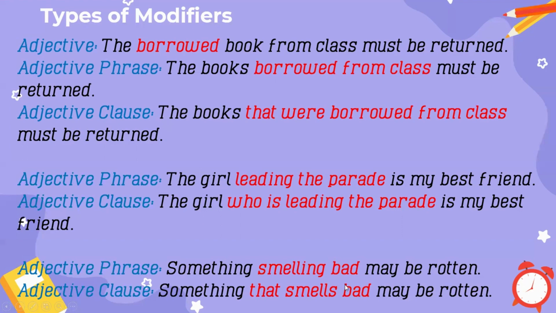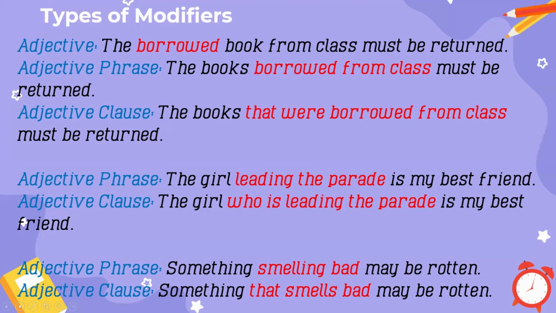But take note, class, smelling bad is still the same as that smells bad, but they are in a different form. Smelling bad is just a group of words, but that smells bad has a subject and a verb. That is your subject, smell is your verb.